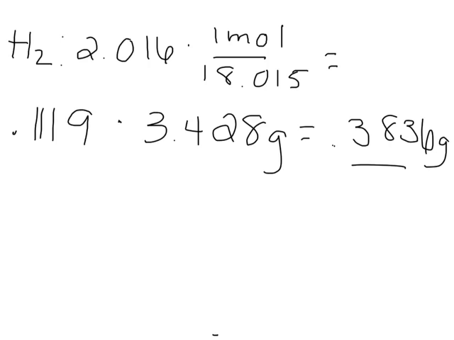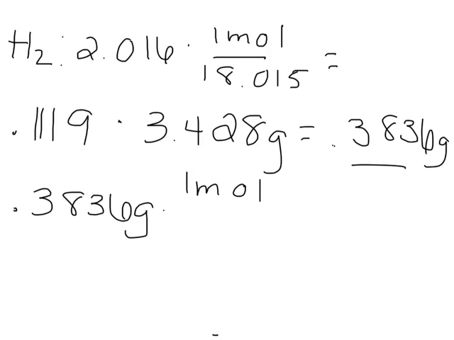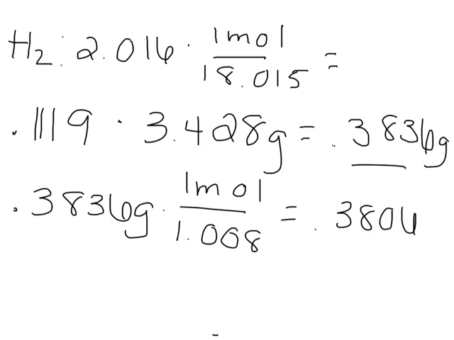You can't really work with grams when you need to find the empirical formula. So we multiply 0.3836 grams by 1 mole, but right now we're only working with hydrogen, not H2, so it's 1.008 from the periodic table, and that equals 0.3806 moles.